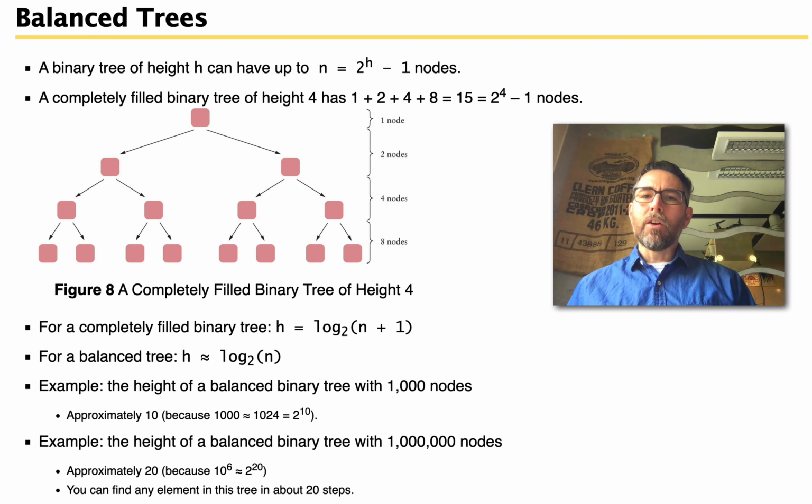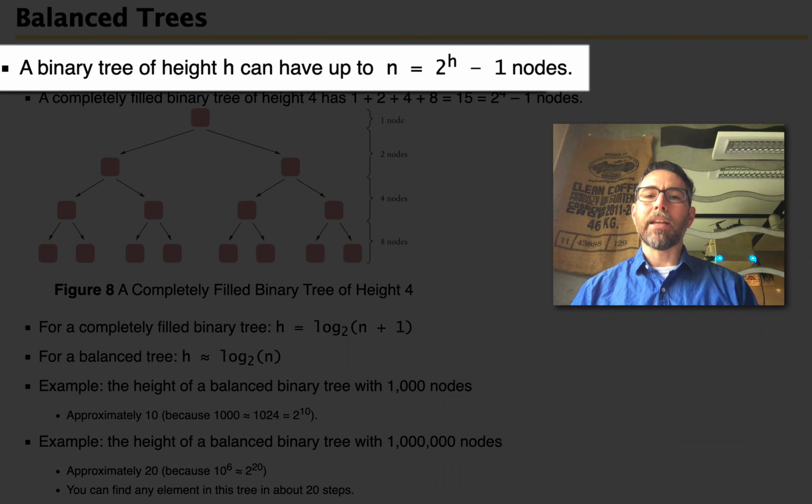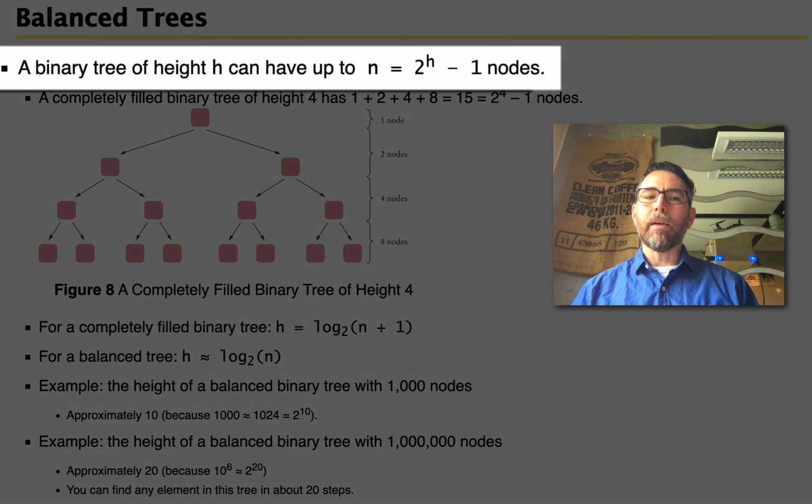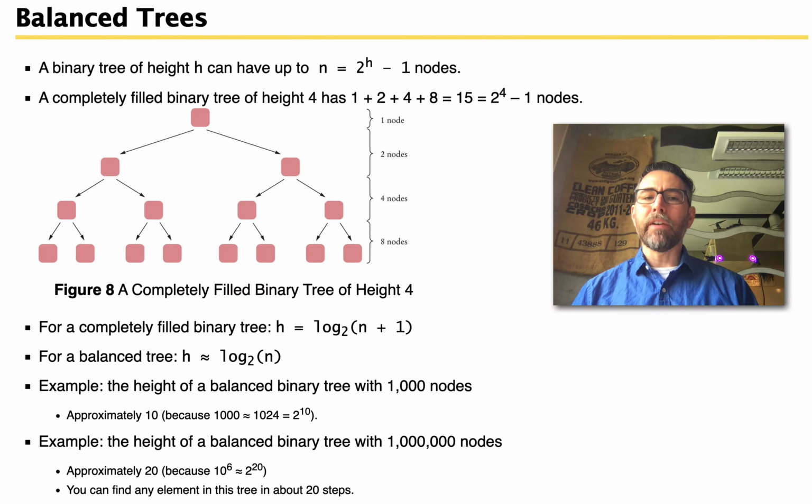When we do this, we can reason about the size of our tree. Because of the way that the tree splits, we can identify some different formulas for a tree. For example, we can identify that a binary tree that has a height of h can have at most 2 to the h minus 1 nodes. And if you think about that, we look at a completely filled binary tree that has a height of 4, it splits at each particular level.